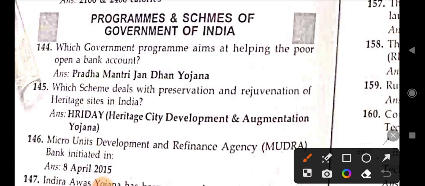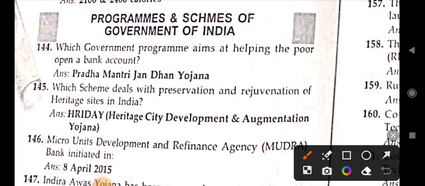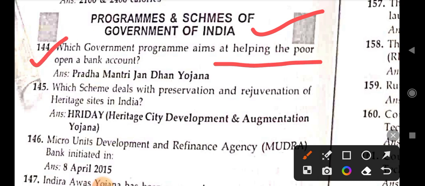Next, programs and schemes of the Government of India. Which government program aims to help the poor open a bank account? Pradhan Mantri Jan Dhan Yojana. Which scheme deals with preservation and rejuvenation of heritage sites in India?